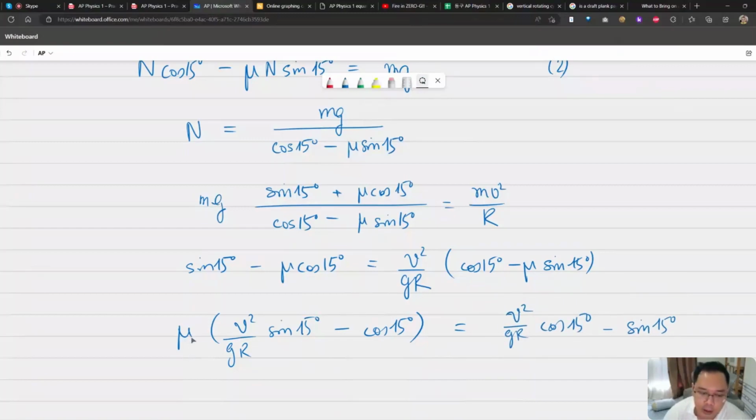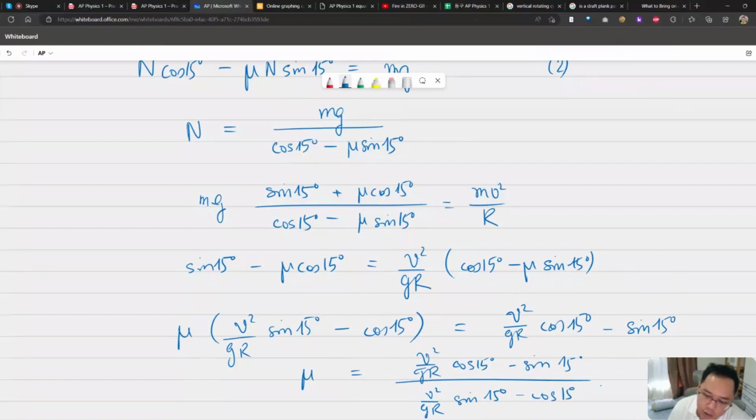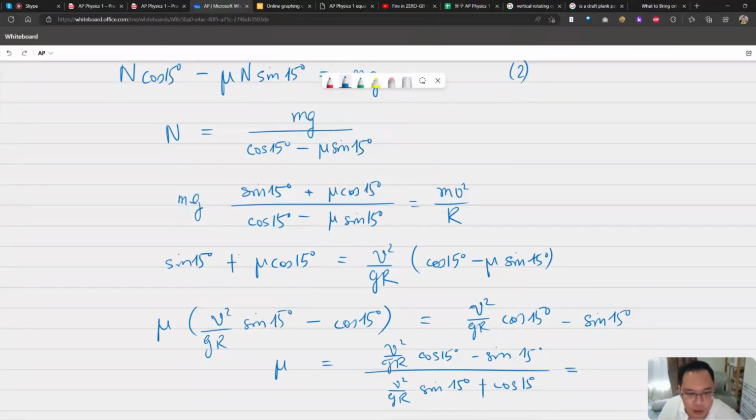Okay, now mu can be calculated. Mu is v squared over gr times cosine 15 minus sine 15, divided by v squared over gr times sine 15 minus cosine 15. Wait, put a plus sign.